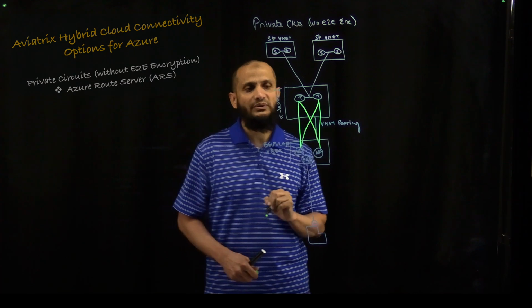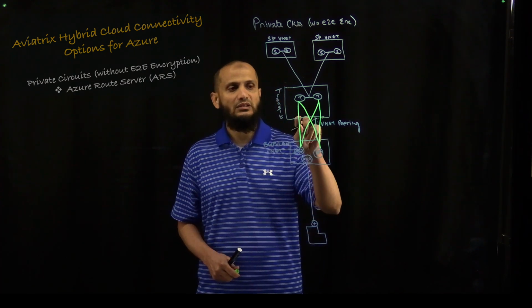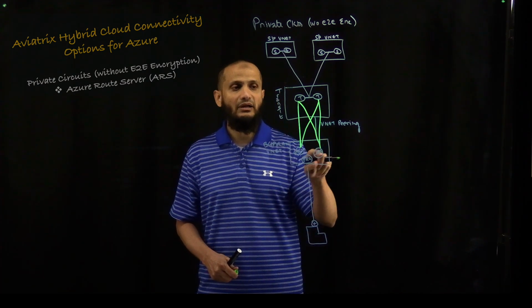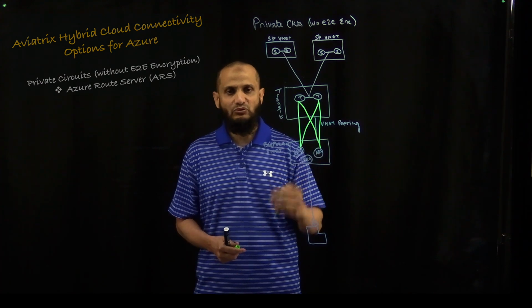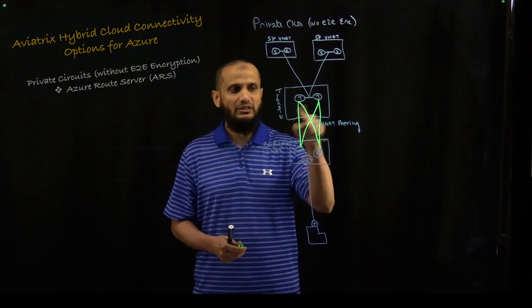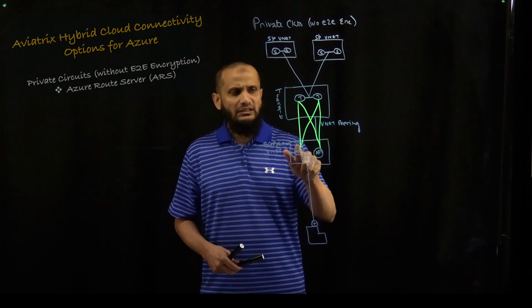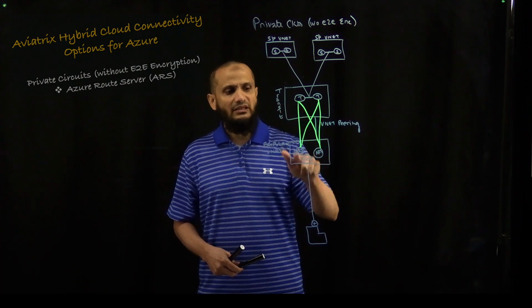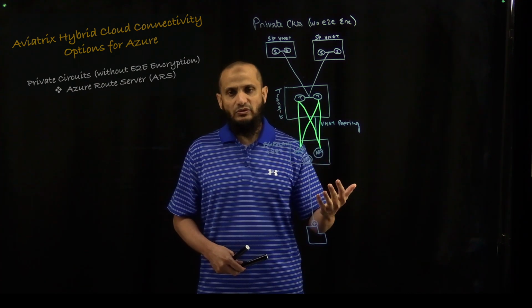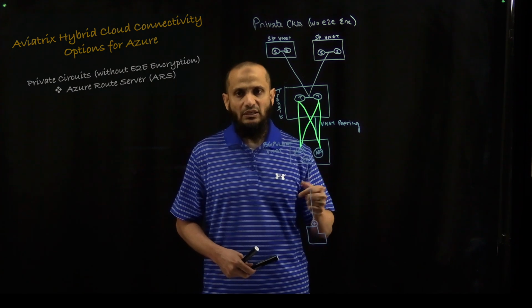All right, so we create a mesh between the transit gateways and the ARS so they can exchange the routes. This is called the active mesh peering. The connectivity between the transit gateways and the ARS, again, is going to be on the private IPs.